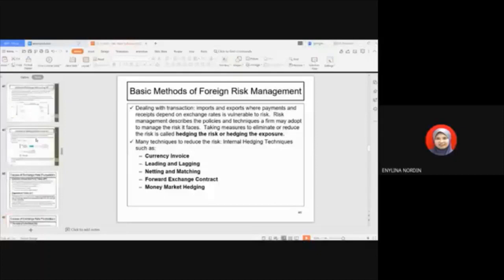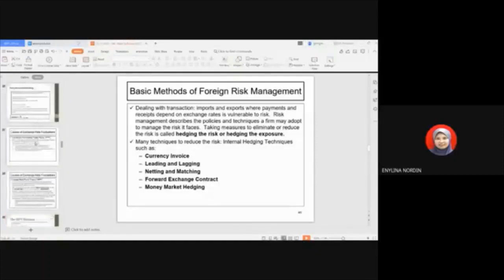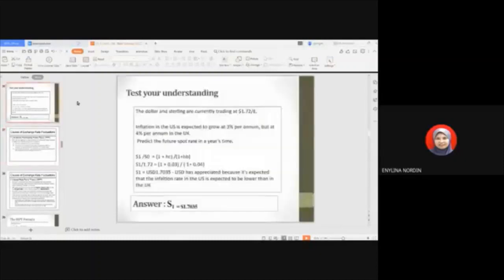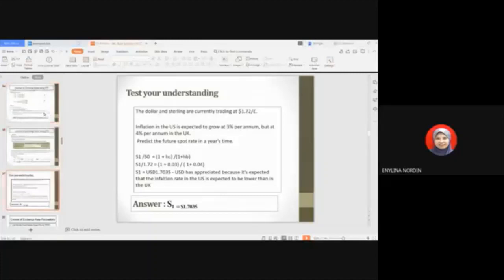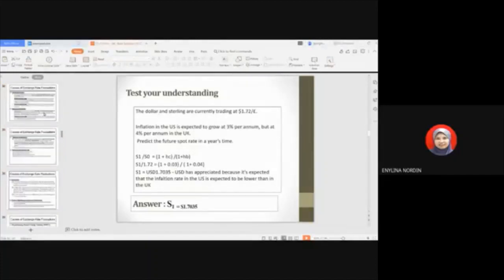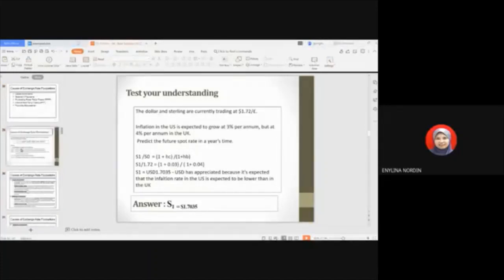So basically, the causes of the exchange rate fluctuation here is due to the differential in, right? The basic idea here is shown in the earlier slide, right?